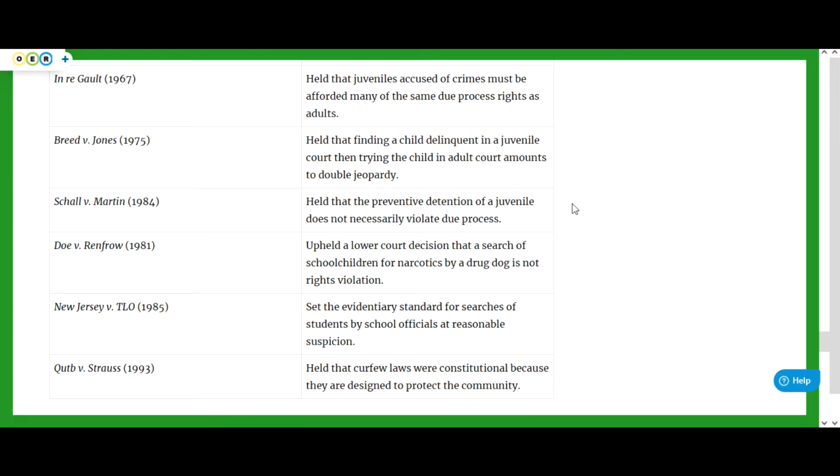It does not violate their freedom to be out, that kind of thing. Doe versus Renfrow, 81, is the classic of school children with narcotics. Being subject to a search by a drug dog is not actually a rights violation.